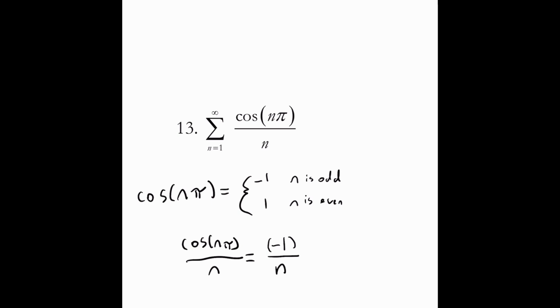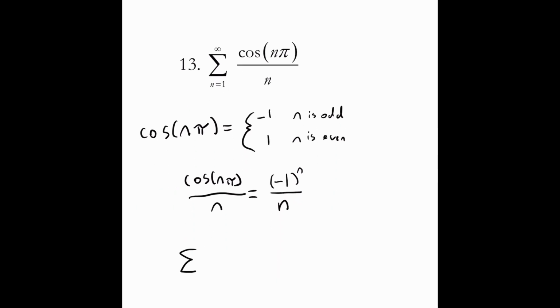So how would we want to express it? We want to make sure that the even and the odd pieces match, right? So when you plug in 1, we want to get -1. So we can do it just like this, right? When you plug in 1, you want to get exactly -1. So that fixes it, right? Okay, so now we can see that this is actually just the basic alternating harmonic series, which we can say the limit as n goes to infinity of 1 over n equals 0.